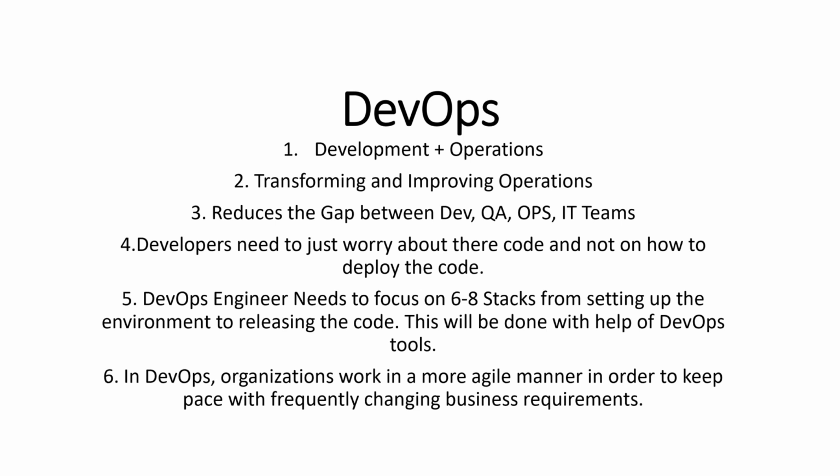Agile is a methodology in which you follow some practices, like Scrum meetings, which are daily meetings in which there is a discussion about how the code is going and what roadblocks you are facing. Scrum calls, daily stand-up meetings, come under Agile. So Agile and DevOps are different: DevOps is a culture and Agile is a methodology. So this is a little about DevOps.